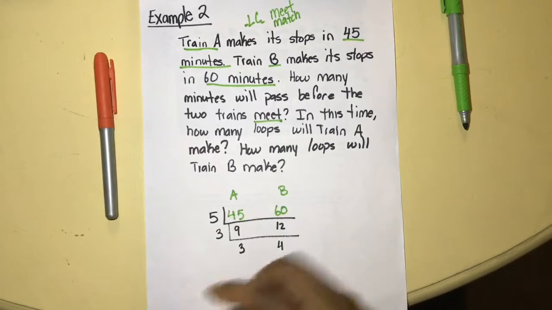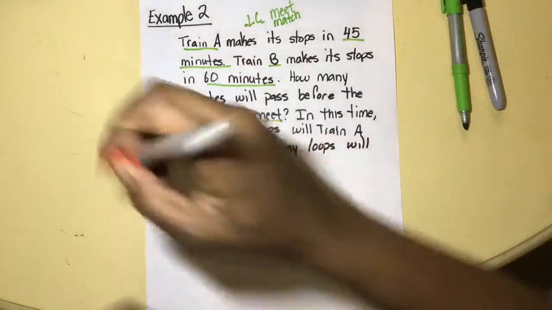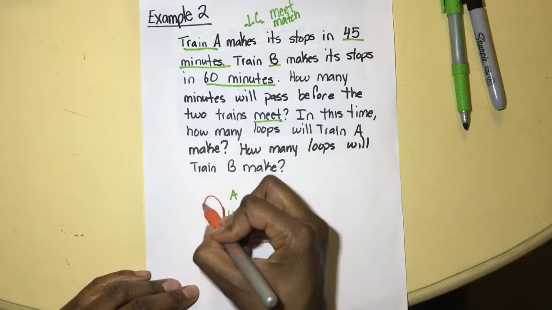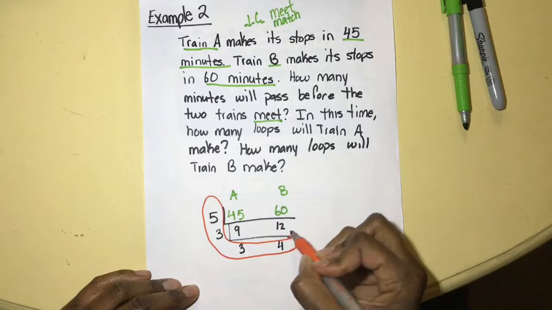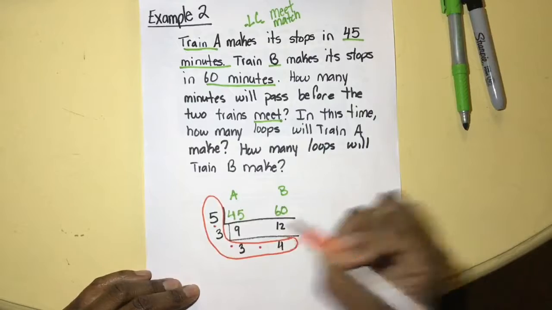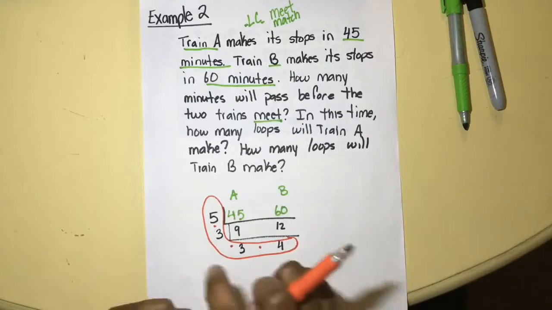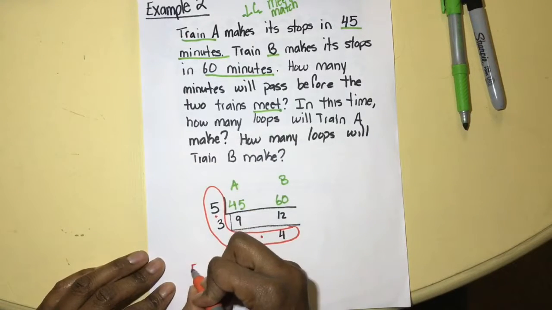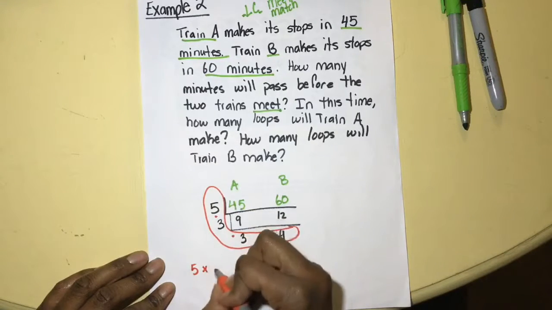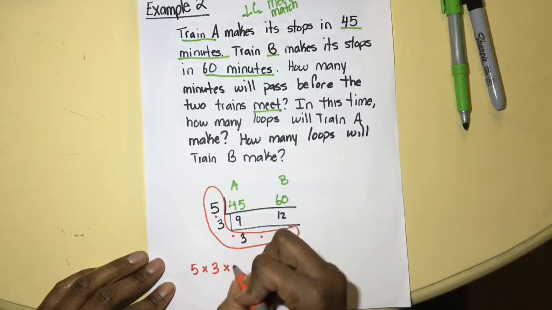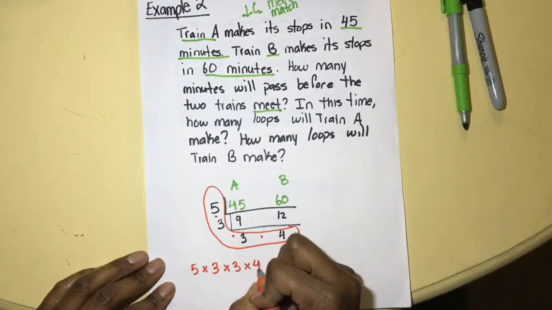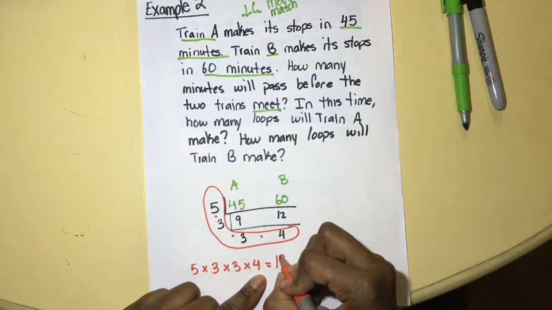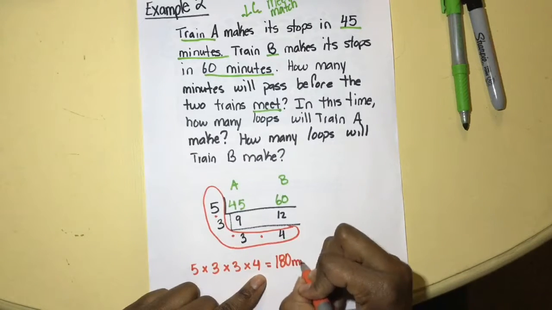When we use the ladder method for LCM, we find the L, and we're going to multiply all three numbers. In my calculator, when I did 5 times 3 times 3 times 4, I got 180 minutes.